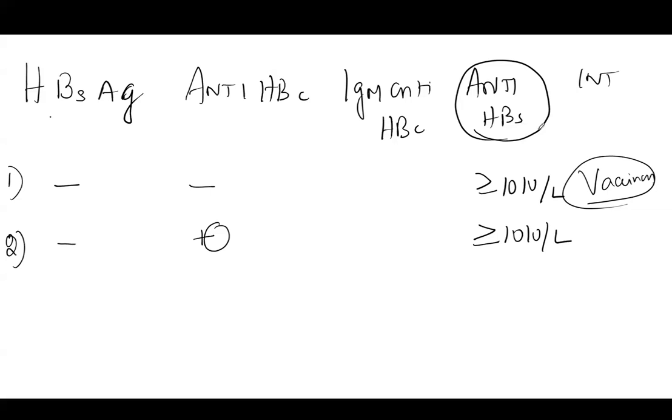Write it down. Right? If you find anti-HBS and anti-HBC, it says nothing other than past or resolved infection. All right? Past or resolved infection.